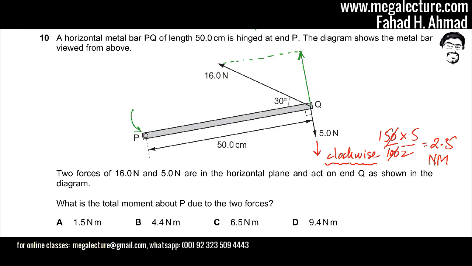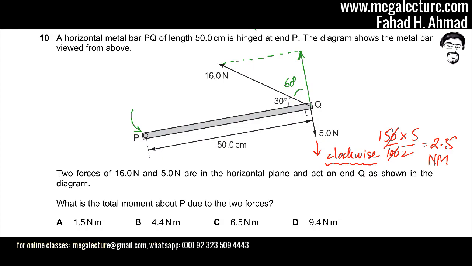So this angle over here is 60 degrees. Remember, this is going to be 90 degrees. We're finding the perpendicular force. So the component of the force, the perpendicular force, this would be the hypotenuse. It's 16 newtons.